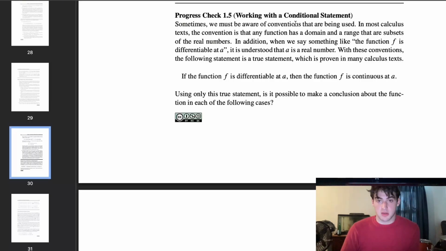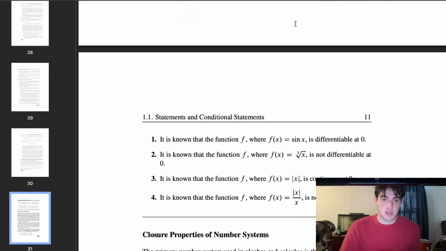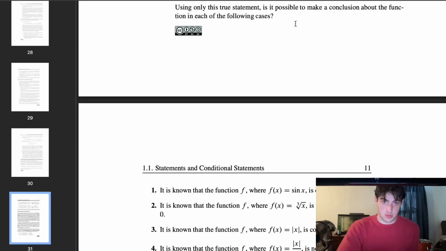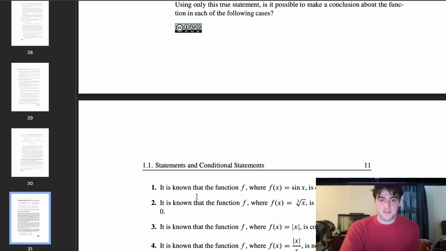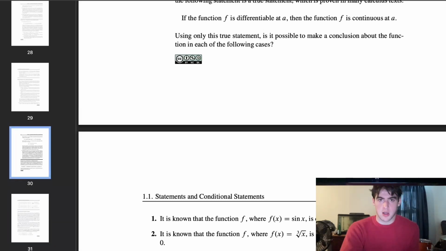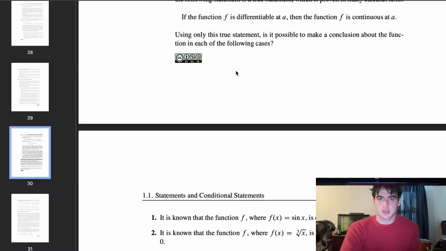Using only this true statement, is it possible to make a conclusion about the function in each of the following cases? One, it is known that the function f, where f of x equals sine x, is differentiable at 0. I'm guessing so. I don't know, actually, because the hypothesis is if the function f is differentiable at a, then the function f is continuous at a.